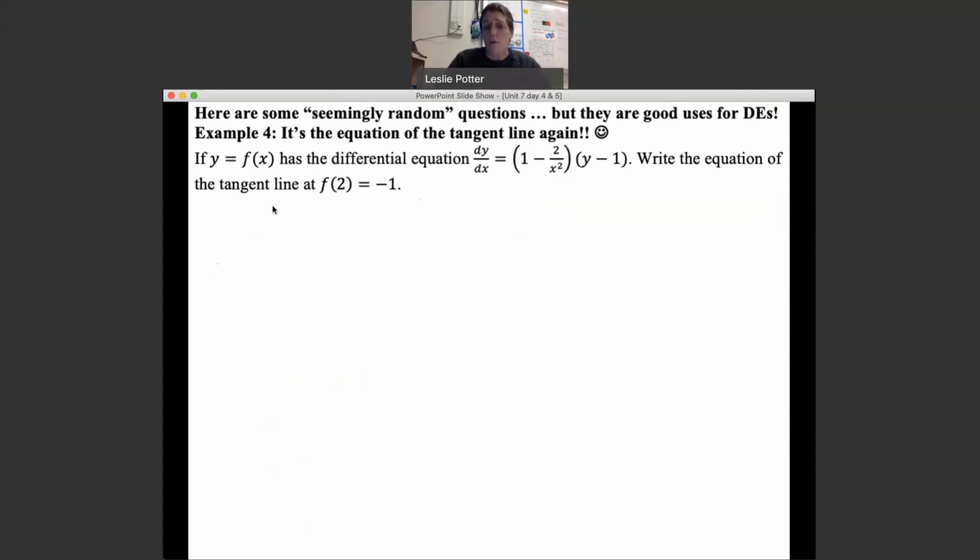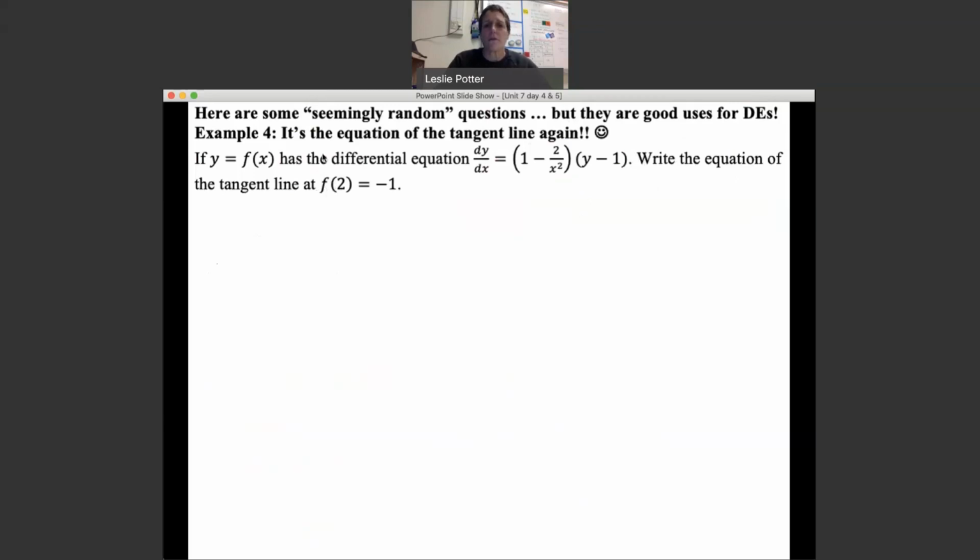So we have y equals f of x, and it has this differential equation. We don't know what f of x is. We could separate this and integrate it out, but that's not what the question's asking. It's a first order equation, so we could do that. So let's write the equation of the tangent line for the function f, where f of 2 is equal to -1. What information do we have here?